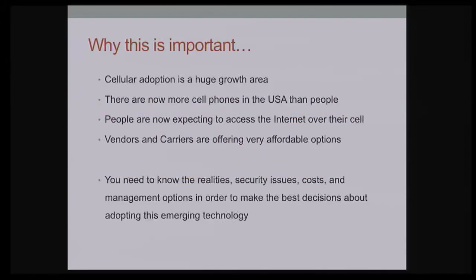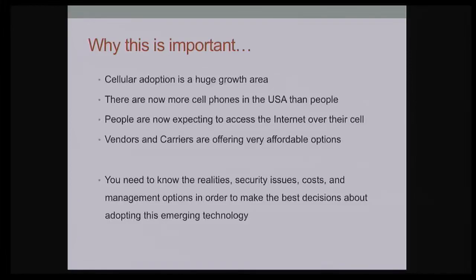because cellular adoption, obviously, it's no mystery. There's huge adoption going on today. In America, there are more cell phones than there are people. And I think that's true around the world, 4 billion people and 3.7 billion cell phones in the world. But what's really surprising is that in the last few years, the trend's shifting for people using their cell phone, using cell technology to access the internet.